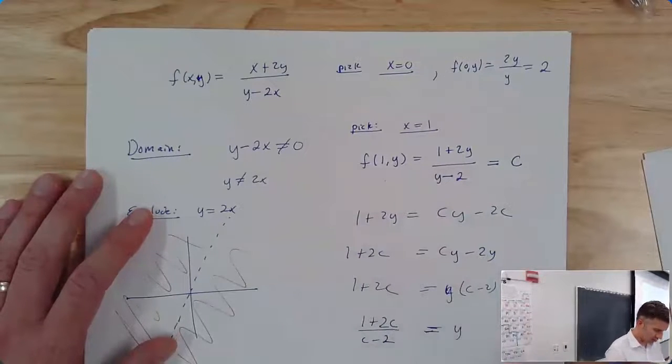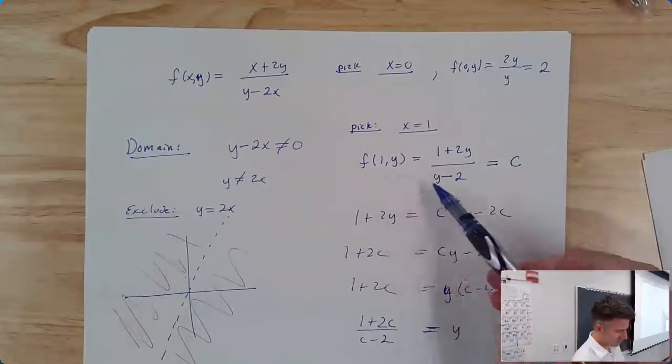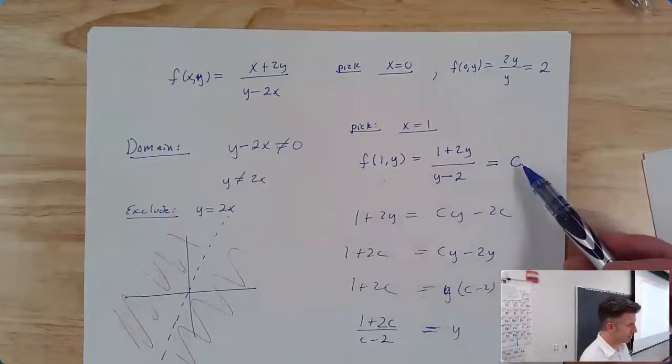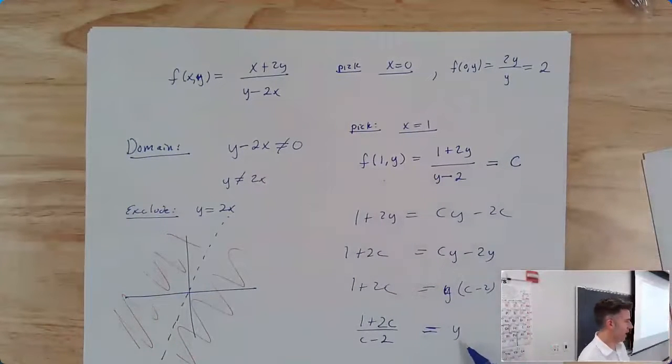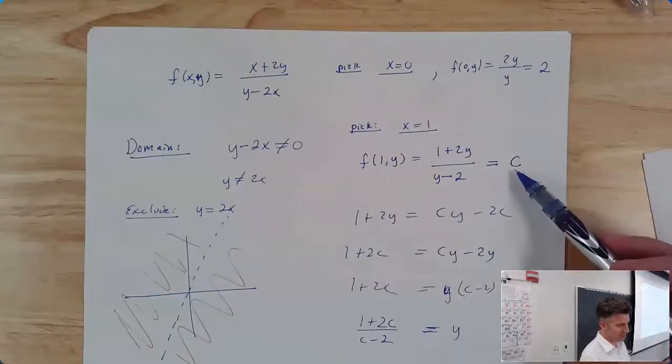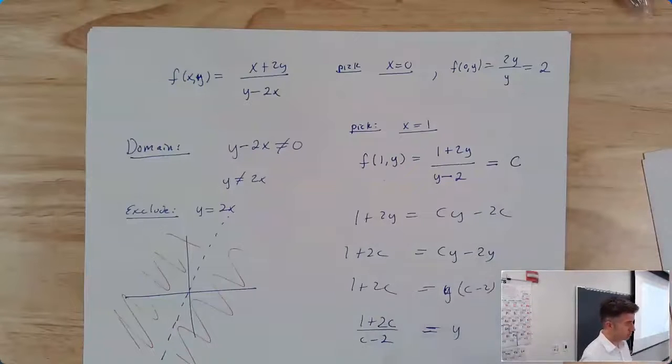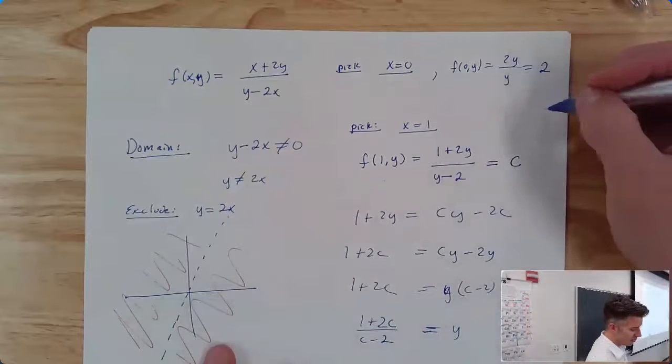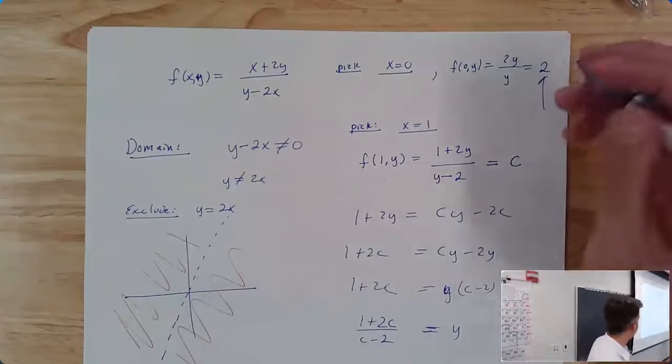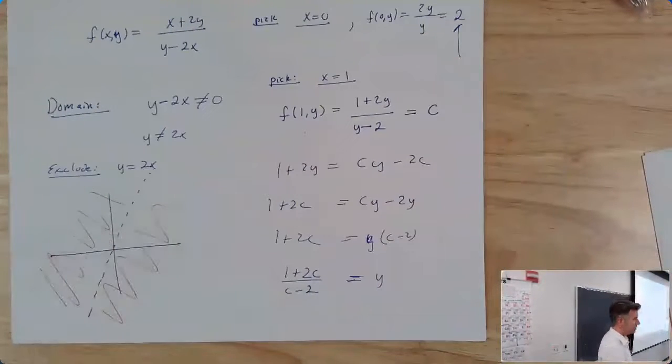So let me ask you, if I set this function equal to any c, can I always find a y? Or a better question is, is there any value of c that's problematic? 2. Okay, aside from c equal to 2, because we've already said that 2 we can get, is there any other value of c you can't get?